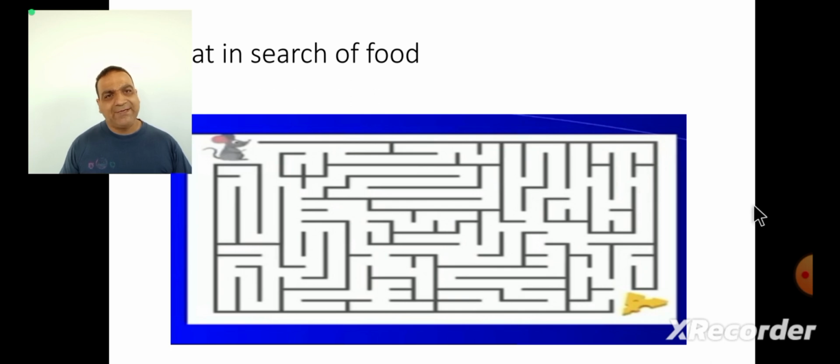that there is a rat in this photograph, and this rat has to attain its prey, and the prey is over here. In order to reach the prey, the rat has to experiment with all possible paths that will lead to the prey, and all these paths are either in terms of zeros and ones.